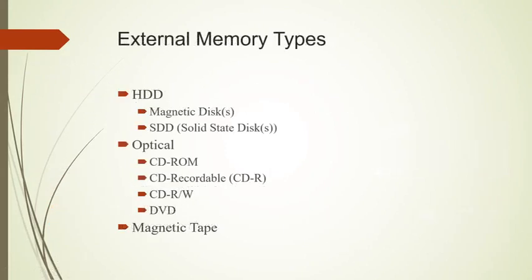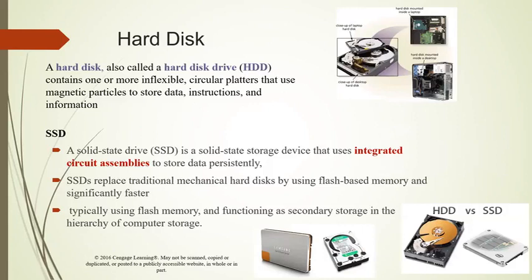Okay. External memory types: hard disk, magnetic disk, solid state disk, SSD, but here not the SSD. Optical: CD-ROM, CD rewritable, recordable, DVD, magnetic tapes.